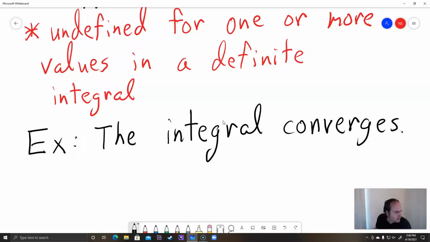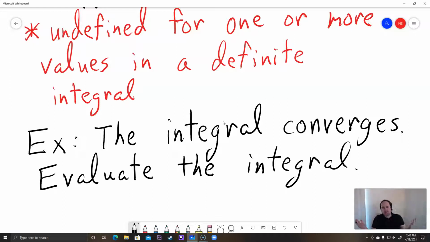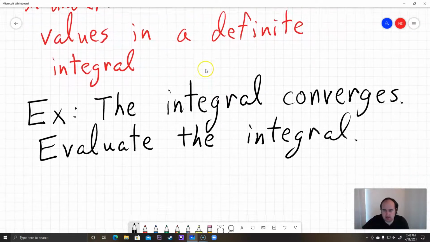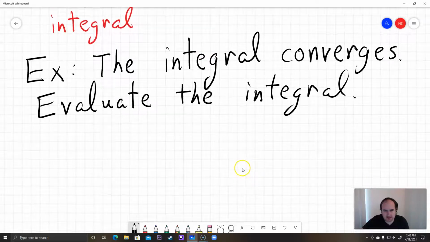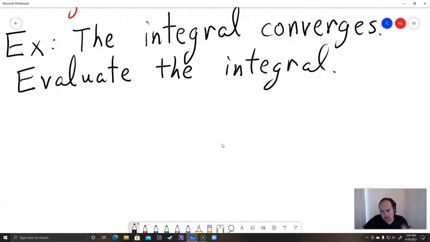And they want us to evaluate the integral. On my math lab, they say evaluate the integral without using a table. I'm okay with you using a table if that's how you like to do it, but I'm not going to teach you how to use a table, because that's just not how I do them.